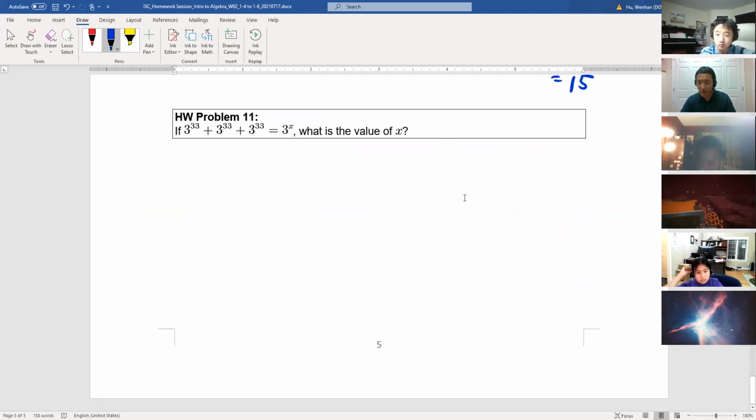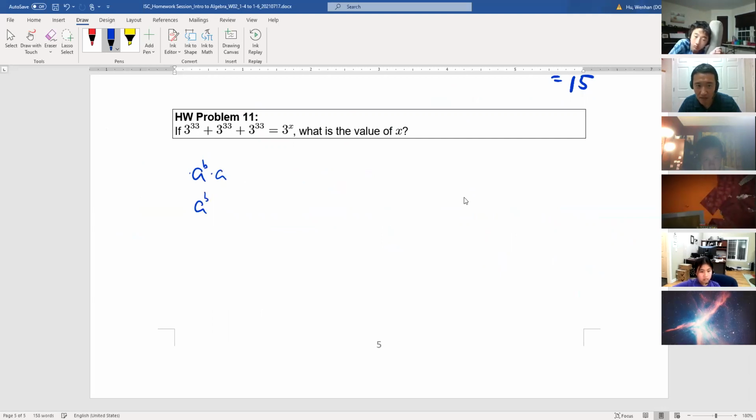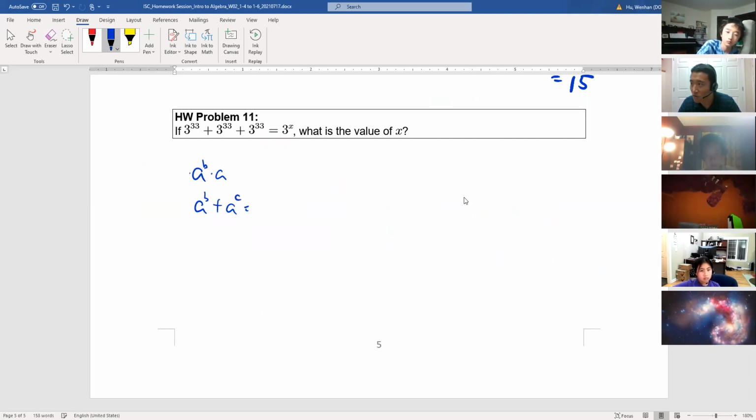And the last one, this question, at the first look, we don't even have a law for this type of operation here. We always have something's power times something. We never had something's power plus something's power. We never had a law to deal with this situation.